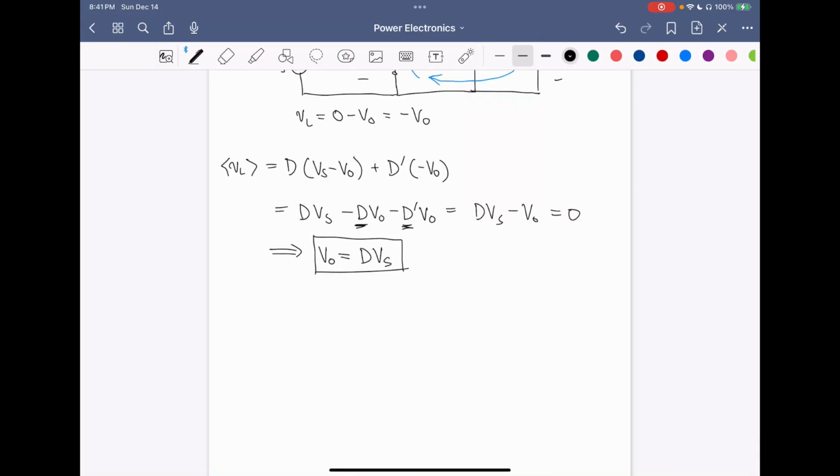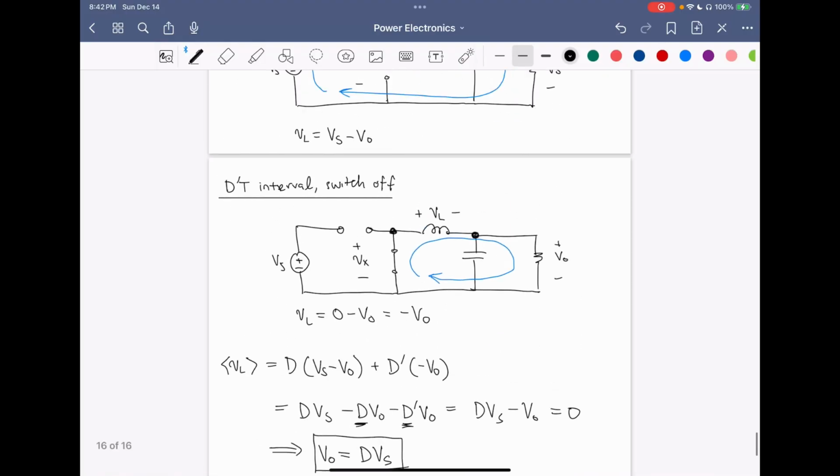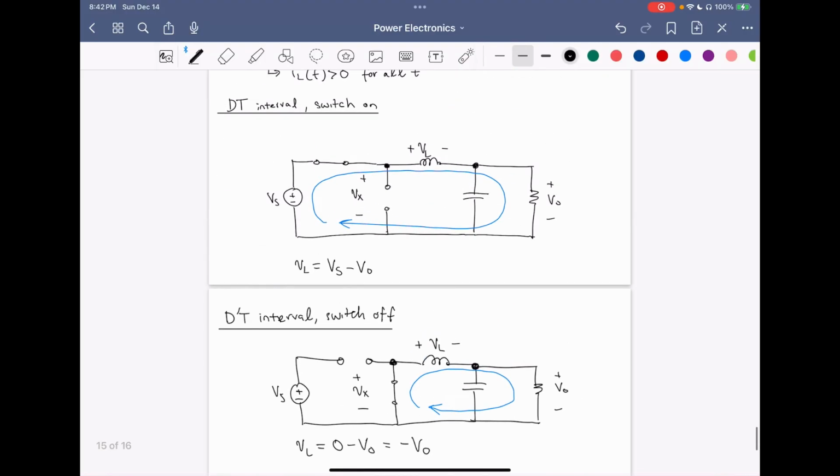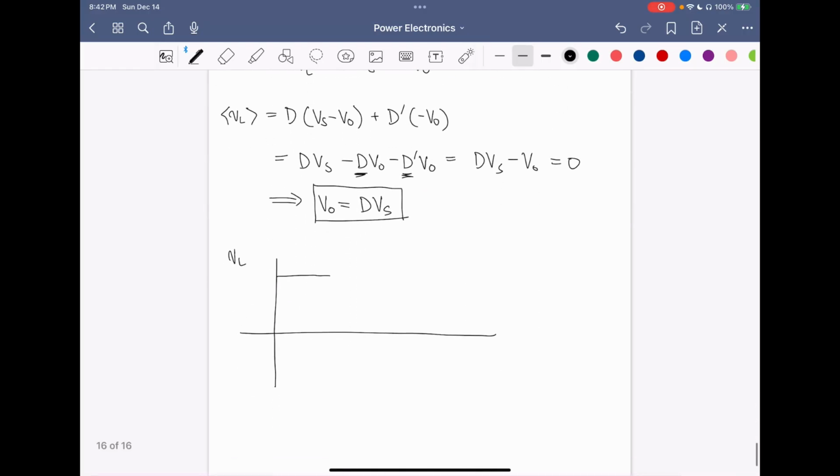So the next step is to figure out what the inductor current waveform looks like, as well as what the capacitor current waveform looks like. Let's start by drawing the waveform for the inductor voltage VL. During the dt interval, VL equals Vs minus Vo.